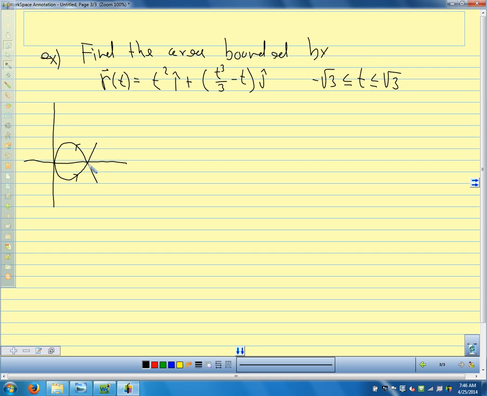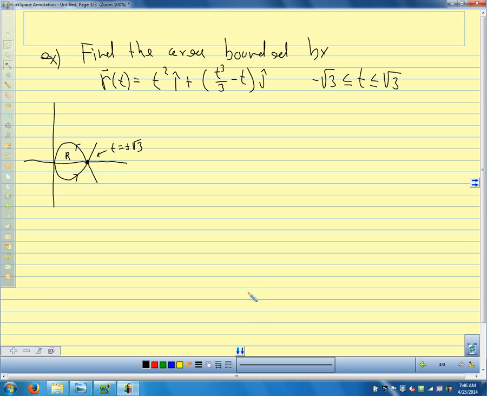This point of intersection is when t equals negative square root of 3, we're going this way, and then when t equals positive square root of 3, we hit that point again. So this is the point t equals plus or minus square root of 3. We want to find the area of this region.